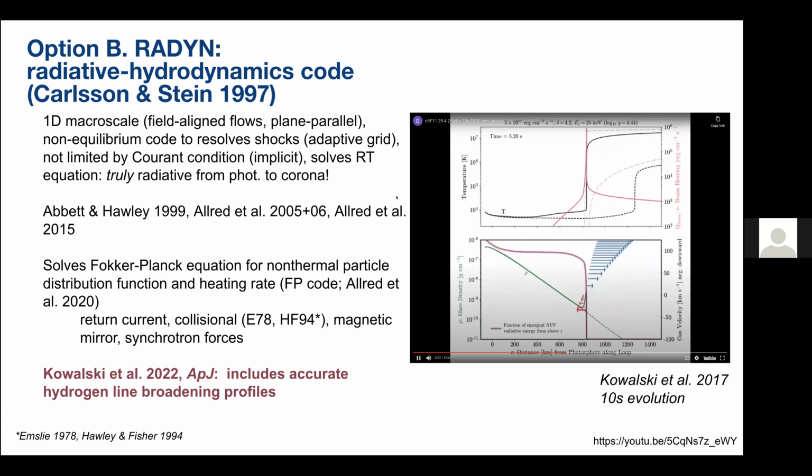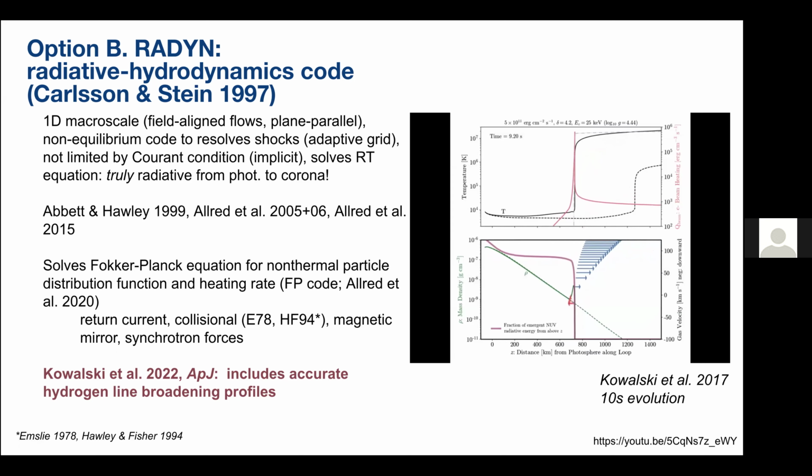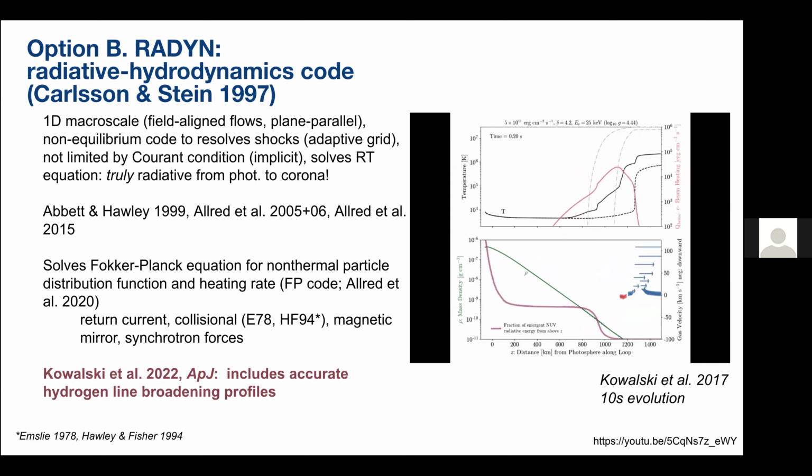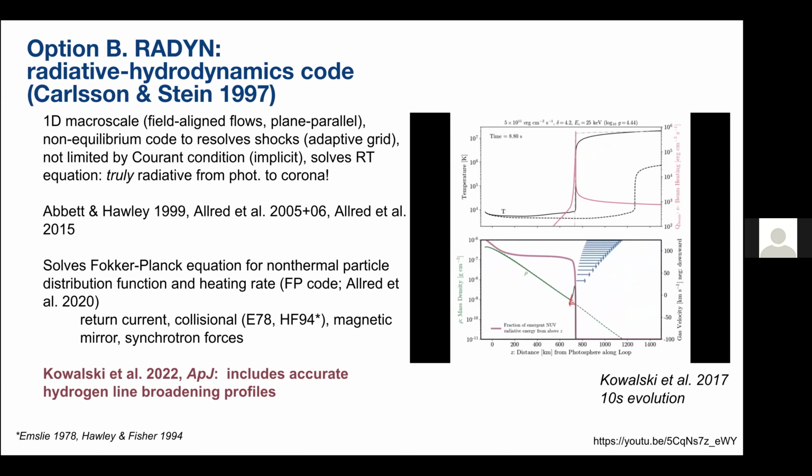Okay, so the beam heating spikes at the top of the chromosphere, and it pushes the transition region deeper, deeper, deeper. In the bottom, we have the evolution of the gas density. So I said the gas density gets rearranged, and for that reason flares are hard to explain.